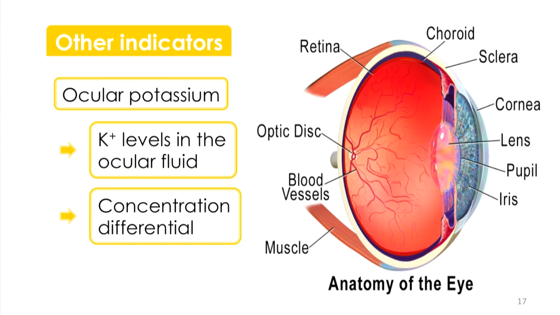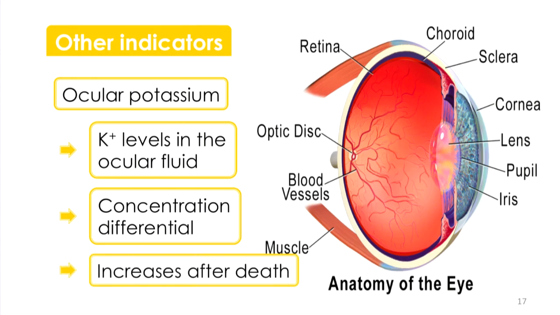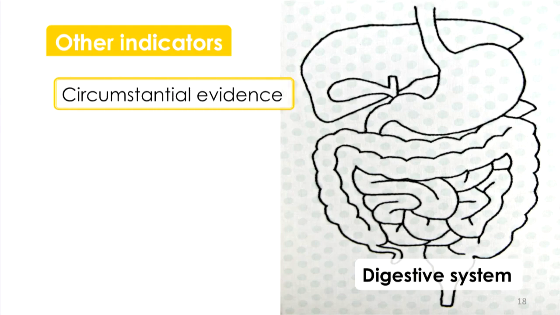After death, that machinery is no longer operating, so potassium from the rest of the body will gradually diffuse into the eye, and the potassium content of the eye will gradually increase. And it's been suggested that this is a good way of measuring the time of death, relatively free from environmental factors. We can also use circumstantial evidence.